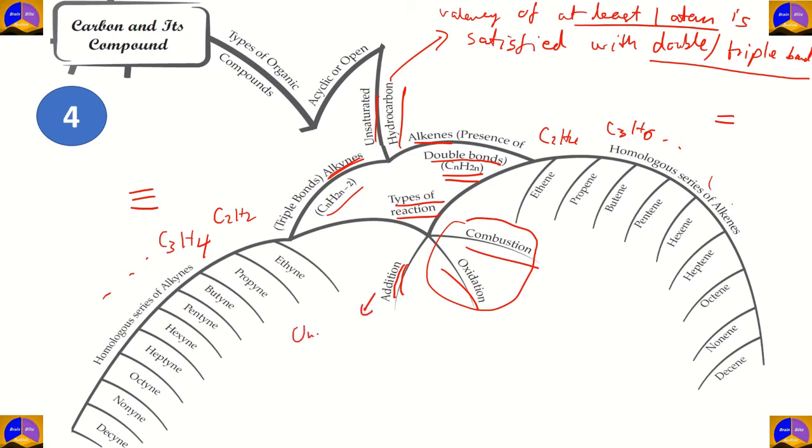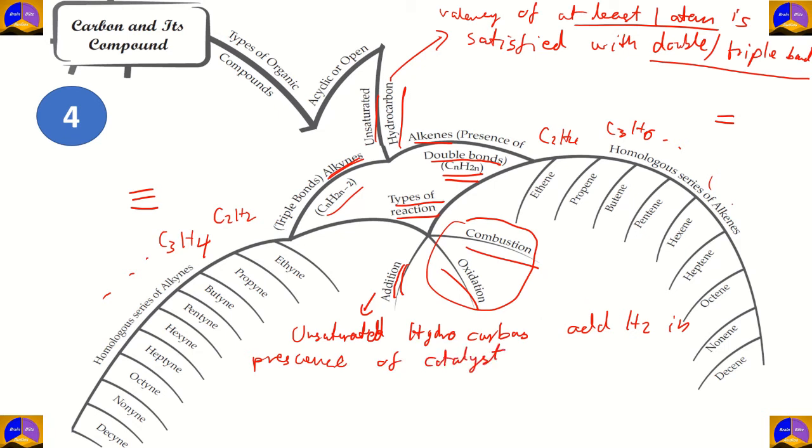In addition, unsaturated hydrocarbons add hydrogen in presence of a catalyst such as palladium or nickel, in order to form saturated compounds. So it's basically the conversion of an unsaturated hydrocarbon into a saturated hydrocarbon.